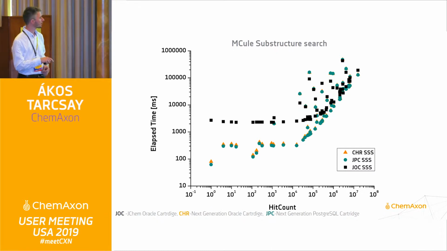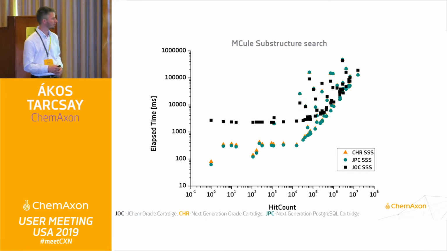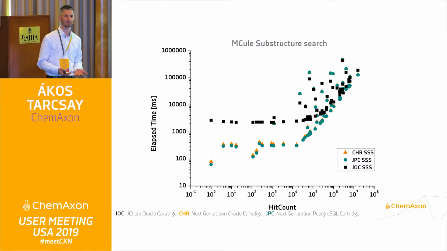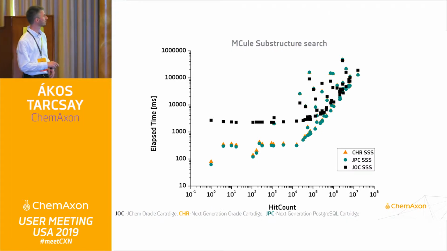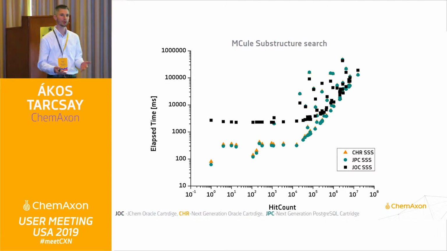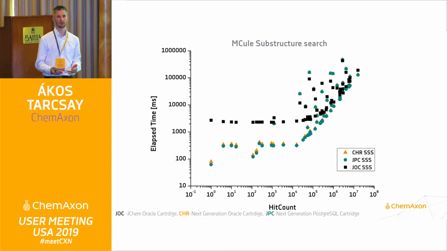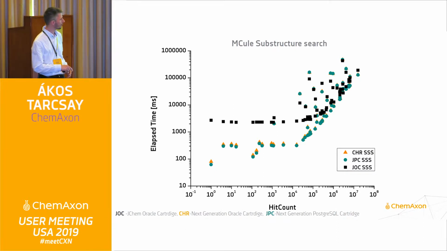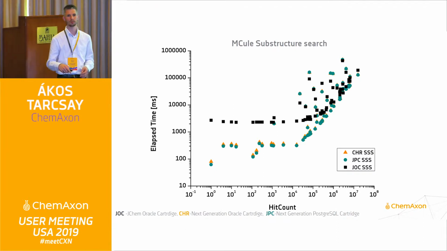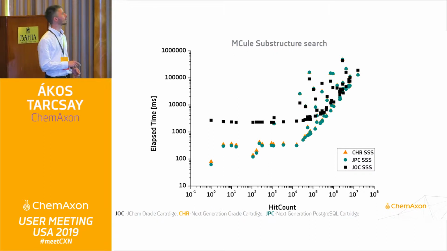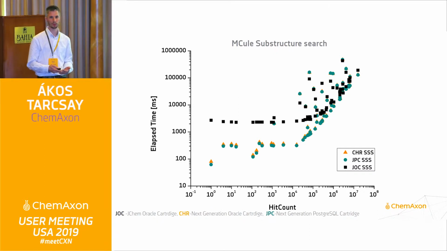What you can discover is that when the hit count is low, and by low I mean under 10,000, the speed improvement is quite univocal. However, in this range, it's more scattered. So if you would like to get back hundreds of thousands or millions of hits, you might not experience this speed up.